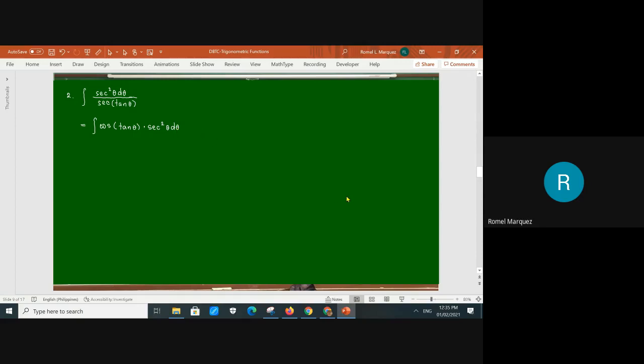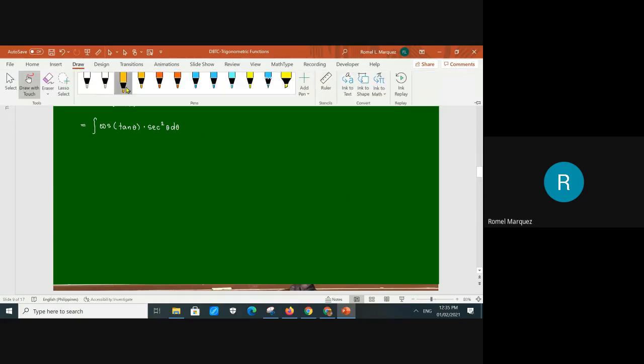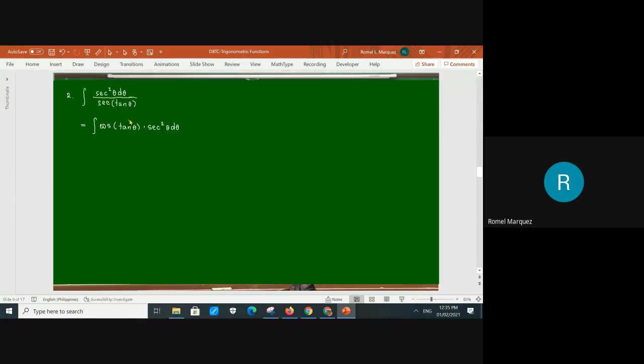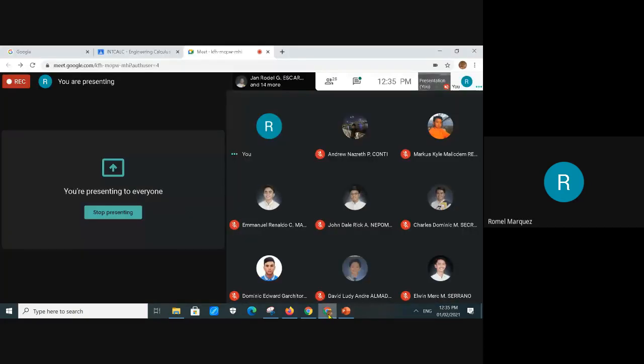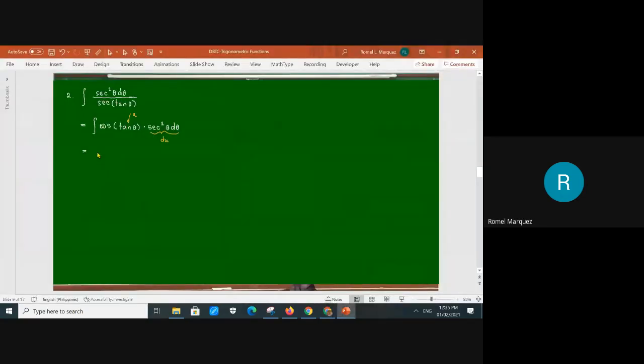Did you get that, children? So, what is this, guys? This is my u. And what about this? du. So, cosine u du. What's the answer if the integral is cosine u du?